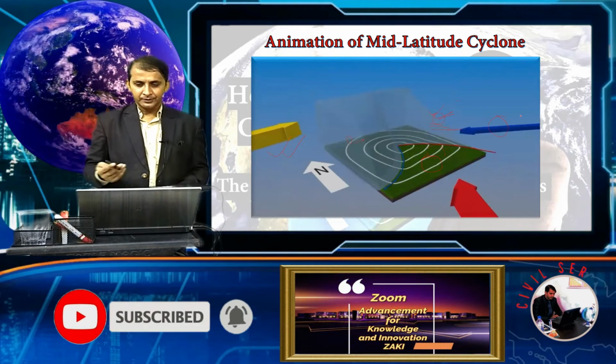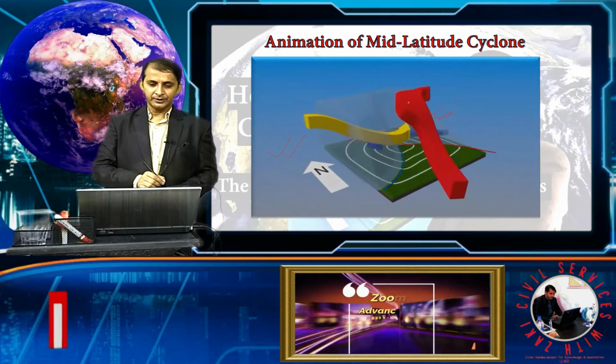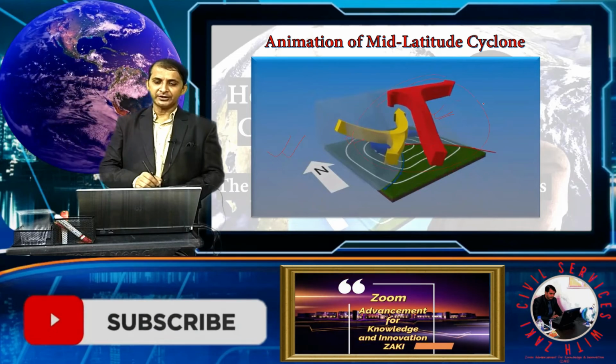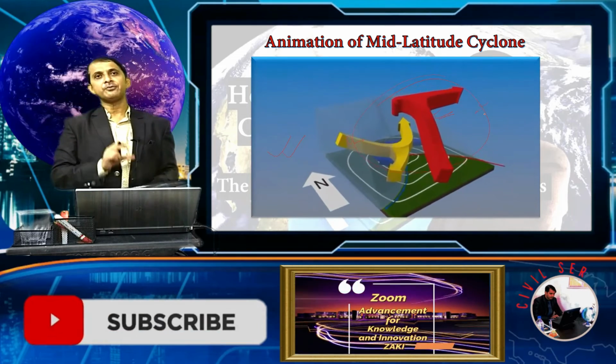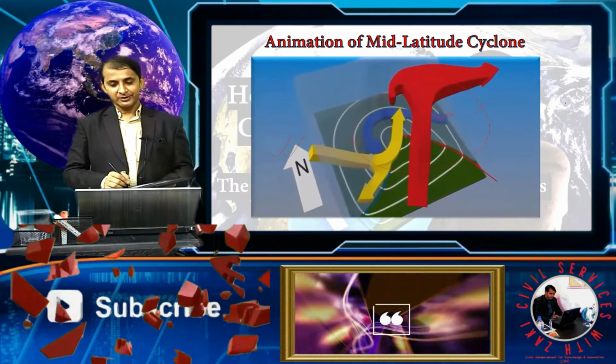See here, these three, and that's how the cyclone is generated. Basically, this is the basic formation of the mid-latitude cyclone.